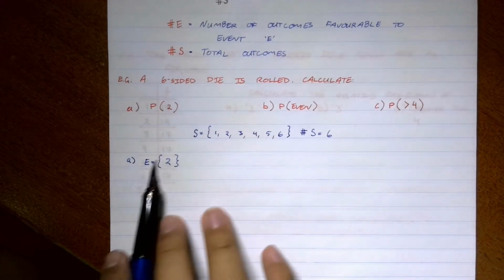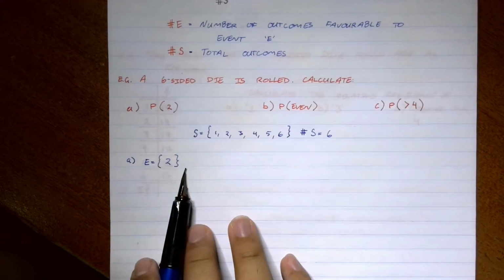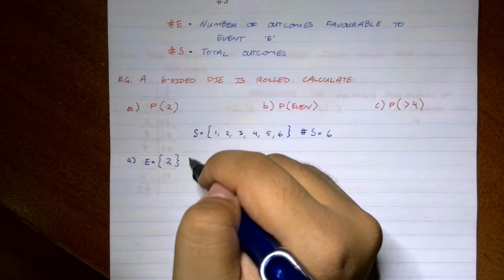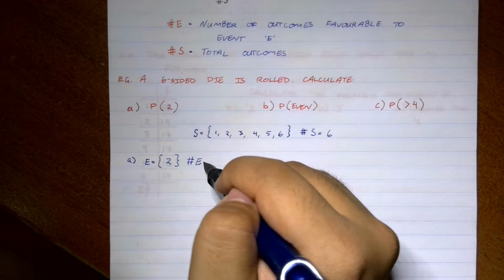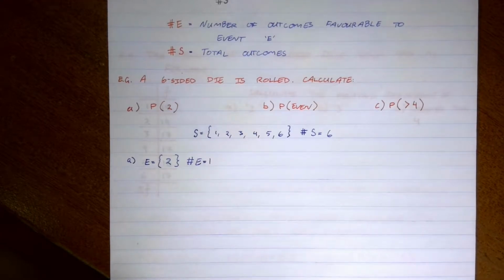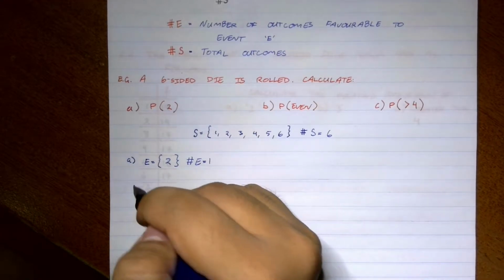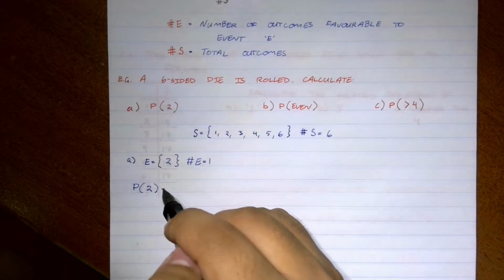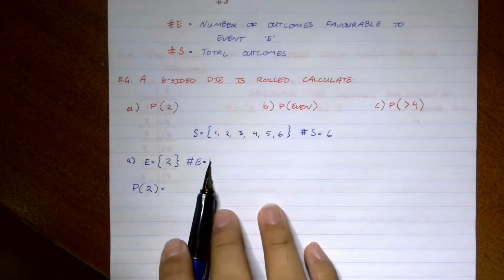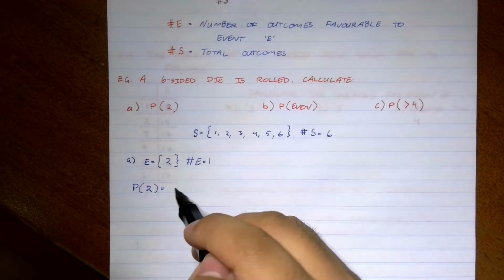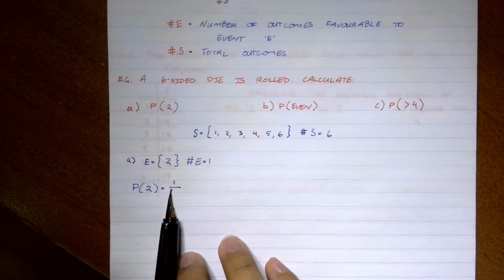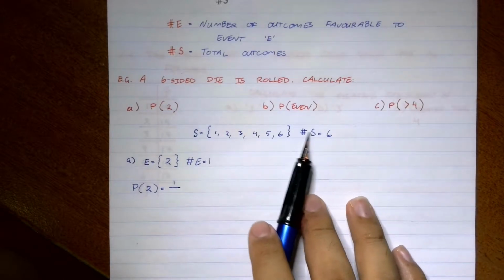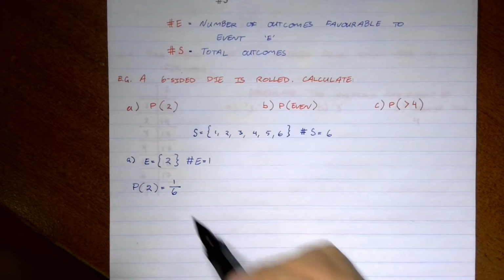And how many different outcomes are inside this group of E? Well, the number of E is given as 1. So we can calculate now the probability of rolling a 2 is given as 1, the number of E, over the total outcomes of 6.